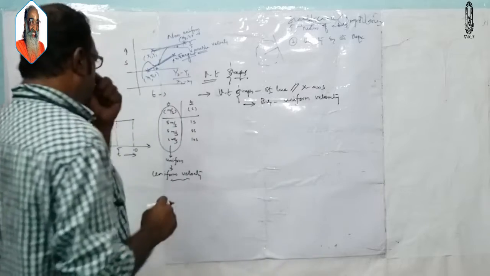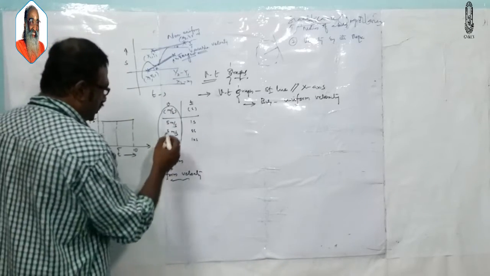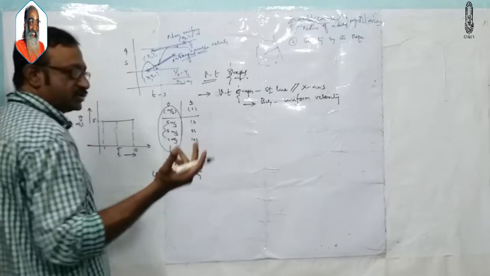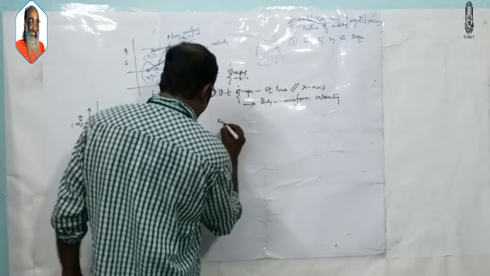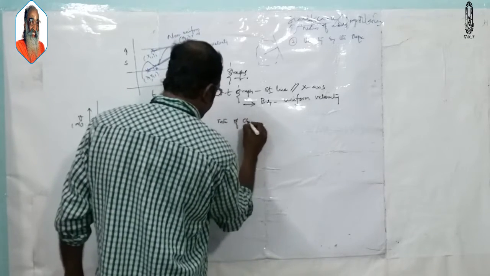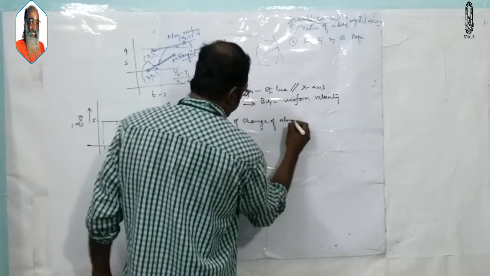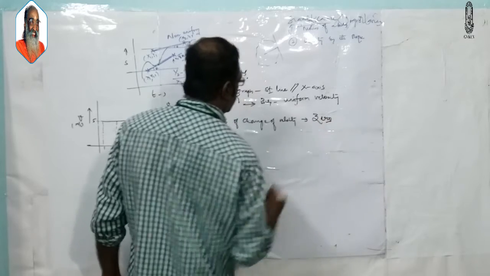Okay, now let us talk about one more thing here. The velocity is not changing. As the time is changing, the velocity is not changing. That means the rate of change of velocity is 0. That means change of velocity with respect to time is 0.